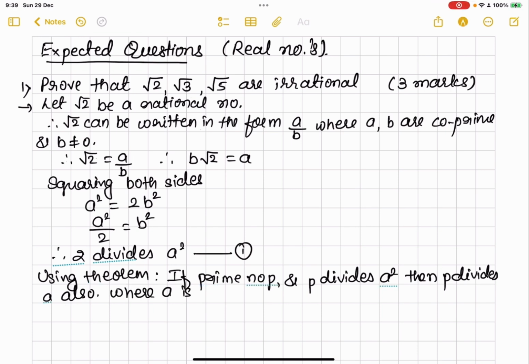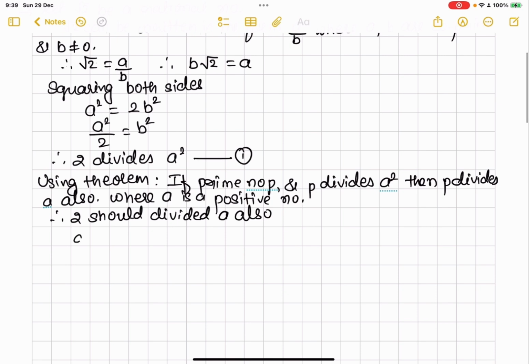Therefore 2 should divide A also. So I can say A upon 2 equals C, where C is some positive integer.